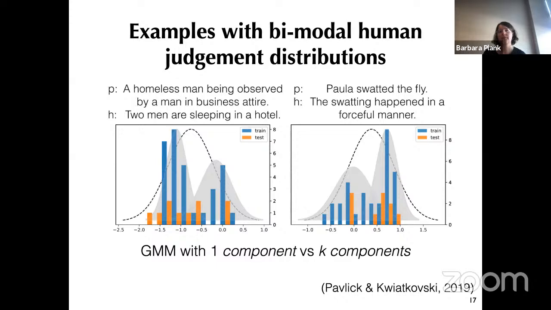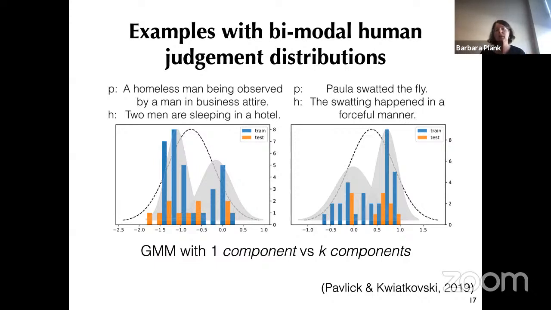Here are two examples from their study, where the dotted line is the unimodal distribution, but you would be better off modeling it with, say, a two-component Gaussian mixture distribution. This shows that there is this kind of bimodal human judgment distribution in this data set. Now, the question is, how frequent is this? Because we all know that for some cases, there is little disagreement.